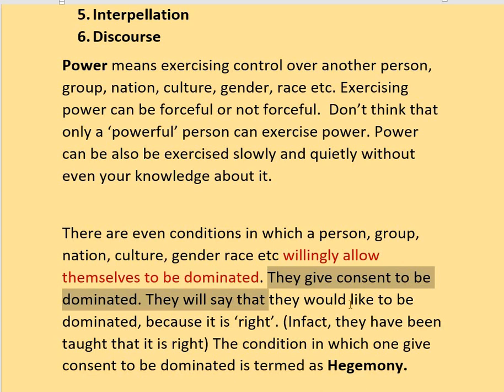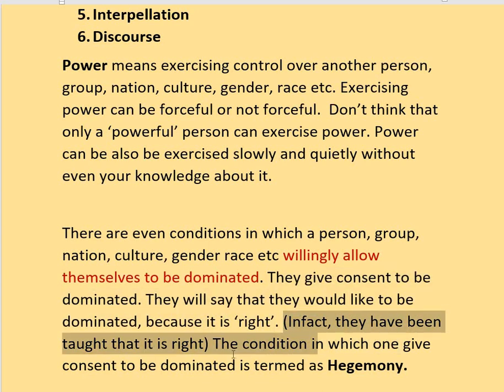They will say that they would like to be dominated because it is right, within inverted commas. In fact, they have been taught that it is right. The condition in which one gives consent to be dominated is termed as hegemony.